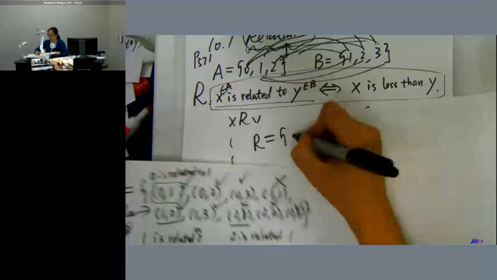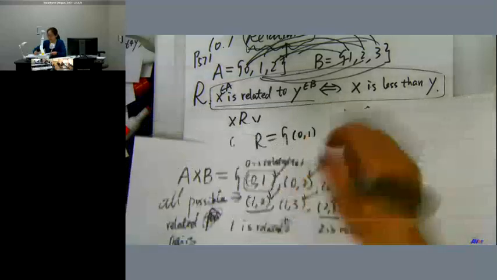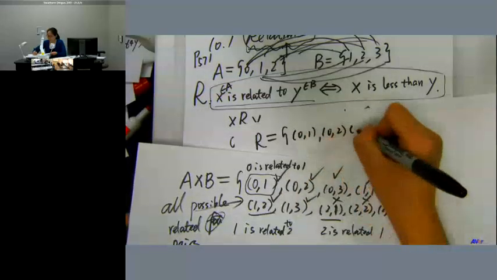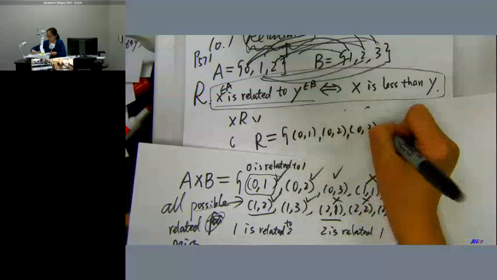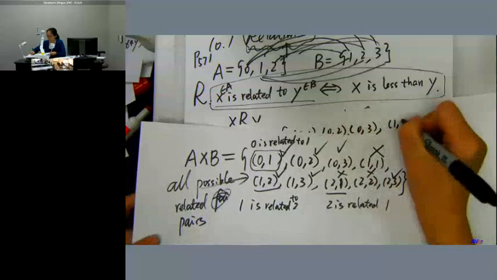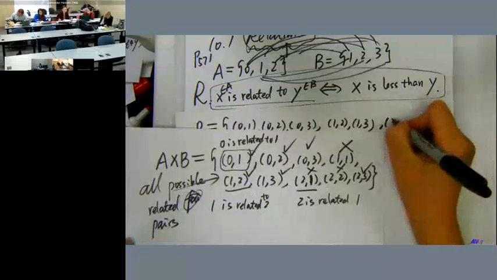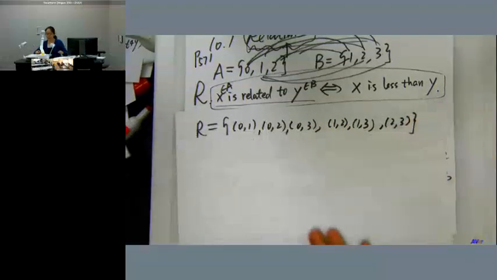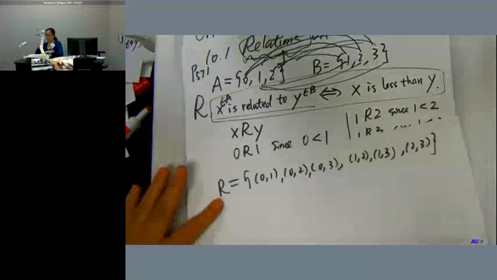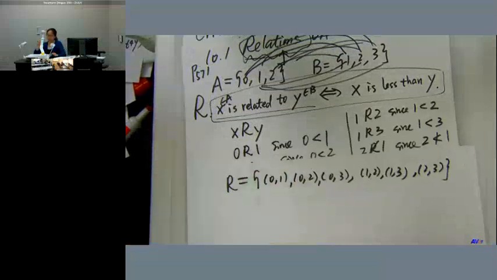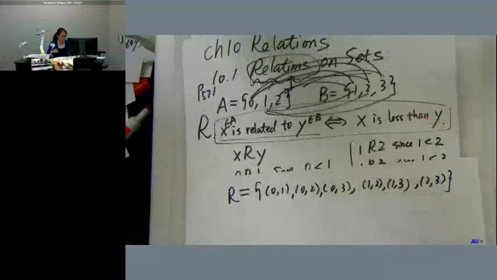We have 0, 1, 0, 2, 0, 3, but not 1, 1. So we have 1, 2, 1, 3, and 2, 3. That's it. So that's all the related numbers for this relation.